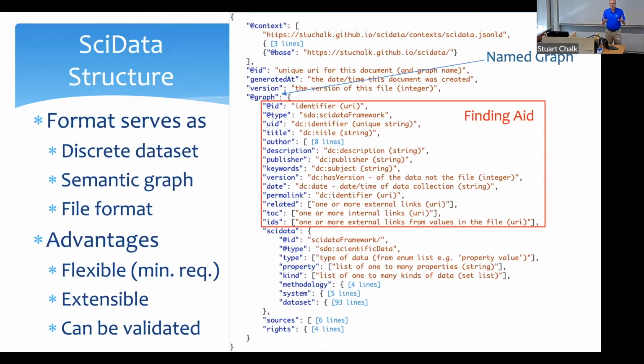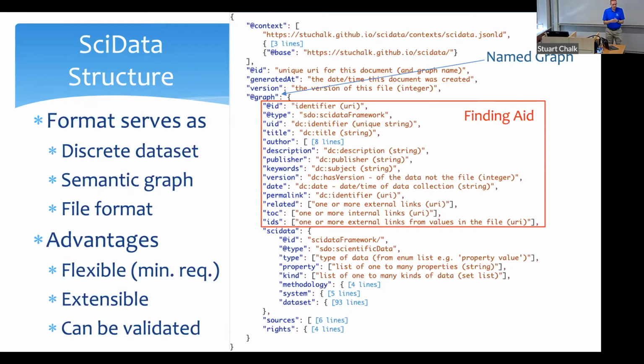The biggest problem is how do we find what we're interested in that huge set of data? So having an appropriate finding aid, which has information like title, author, publisher, and so on, but also keywords and maybe some more specific identifiers that relate to the content of the file, is a really useful thing to have.